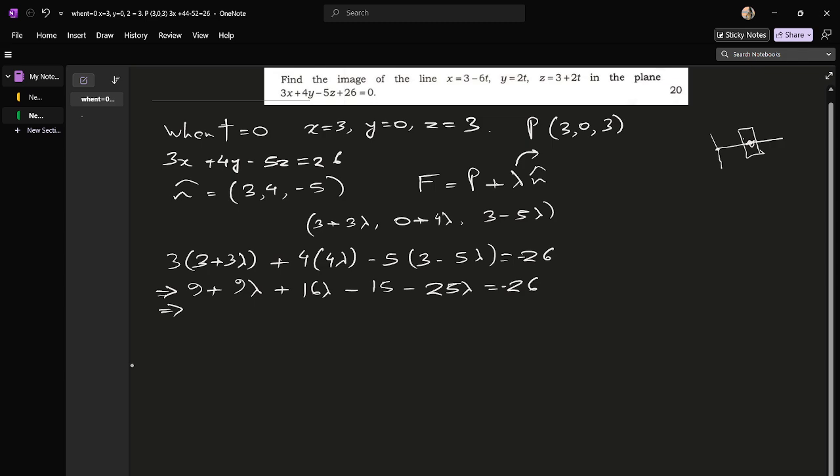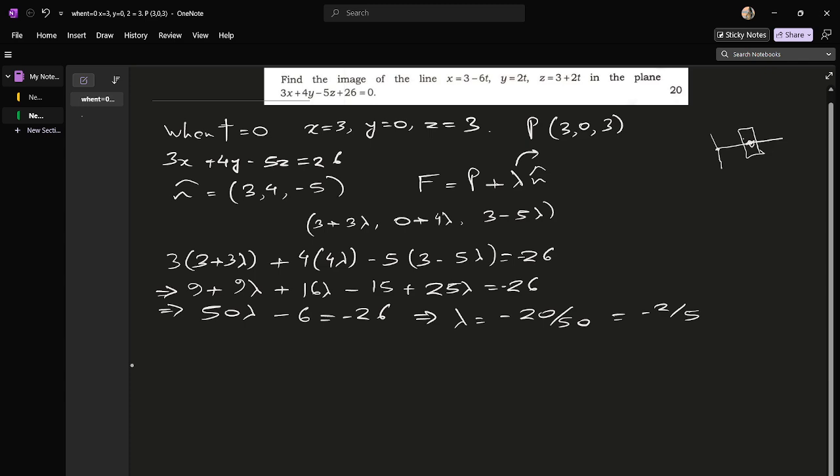So it will be 50 lambda minus 6 equals minus 26. So our lambda will be minus 20 upon 50, so it will be minus 2 by 5.